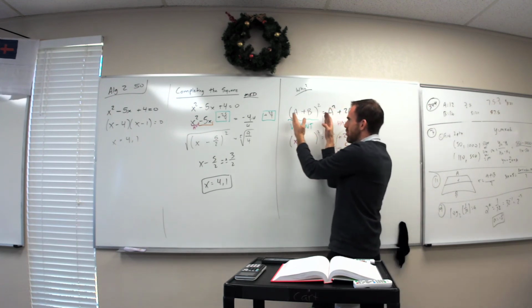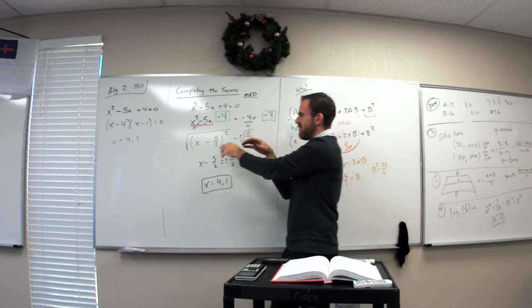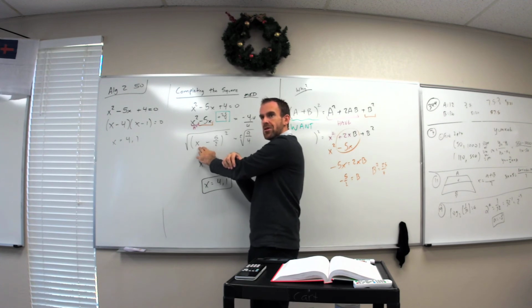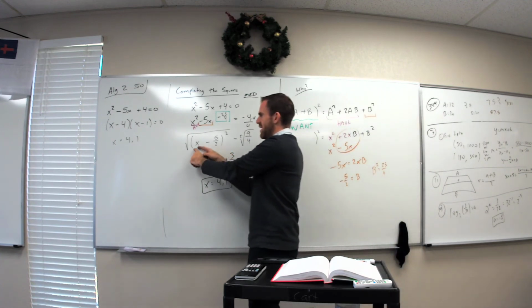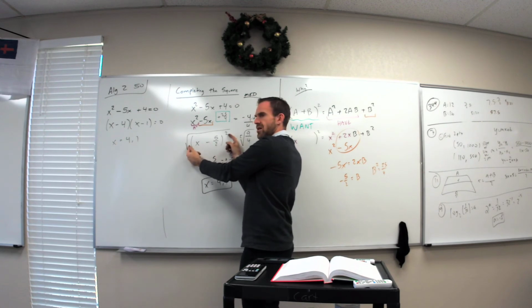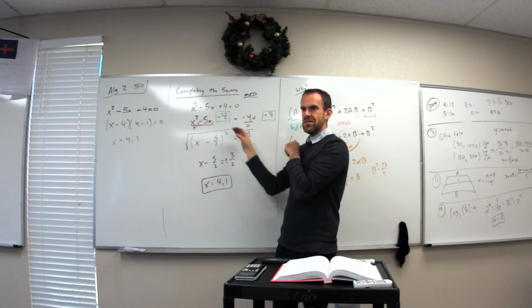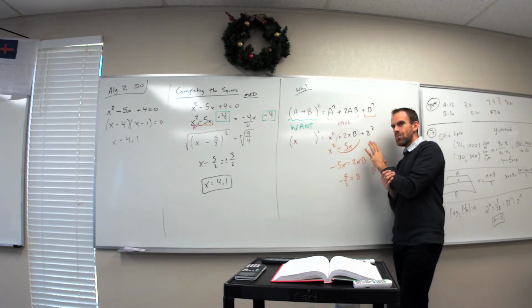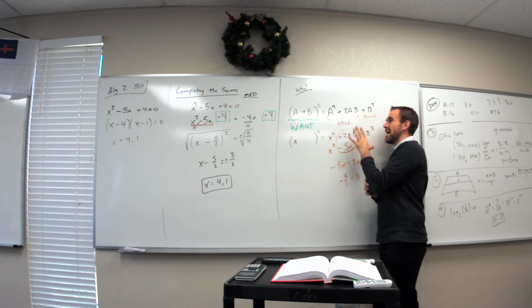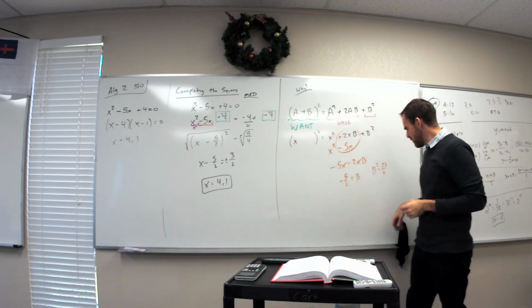That boils down to a plus b squared. So in this case, what's b? b is negative 5/2. So I have a plus b squared equals whatever this side is. And then you take the square root of both sides. So this is how the method works. This is why it works.